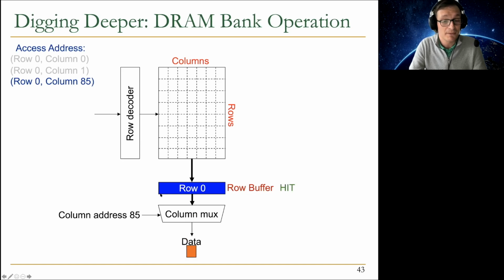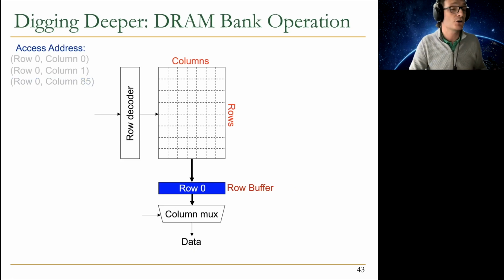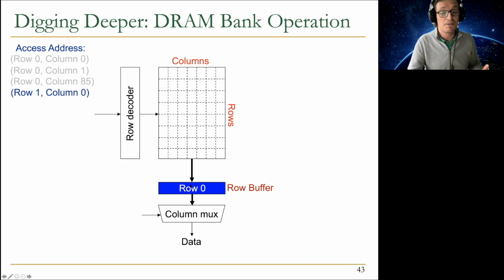Because of these row buffer hits, you can access data much faster. Well, let's take a look at what happens when you don't get a row buffer hit. Row 0 is open in the row buffer, but the application, let's say GCC, wants to access row 1. If it wants to access row 1, now you need to close the row buffer first.